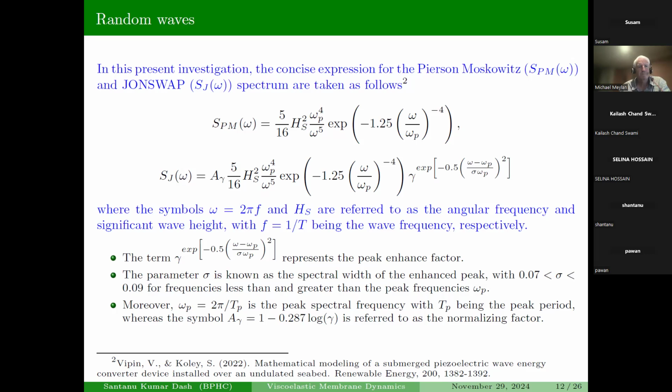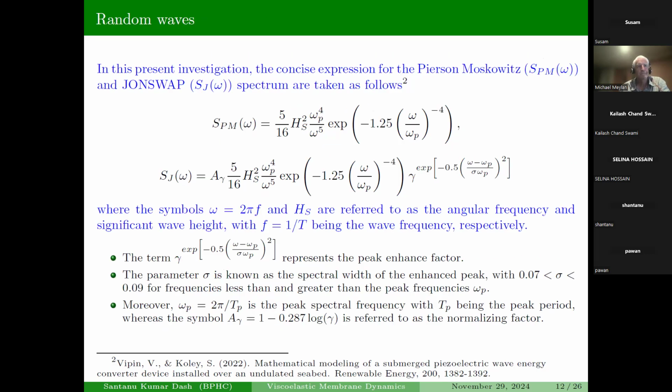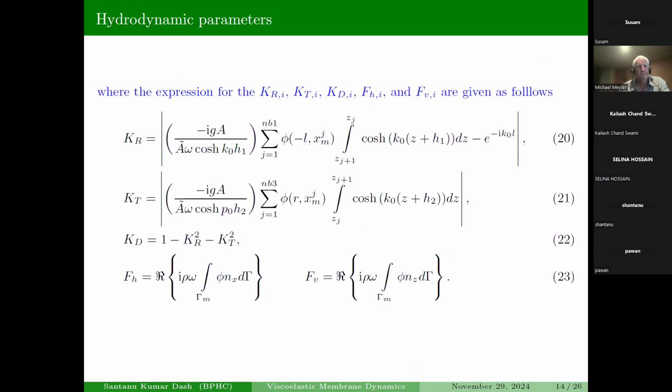The sea continues to develop through nonlinear wave-wave interaction even over long times and distances. So the representation is quite similar to the Pierson-Moskowitz with a peak enhancement factor. If you take gamma equal to 1, it transforms to the Pierson-Moskowitz itself.